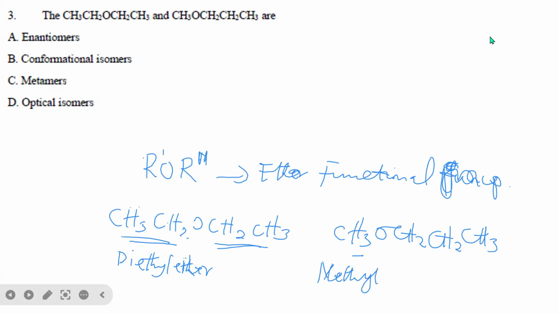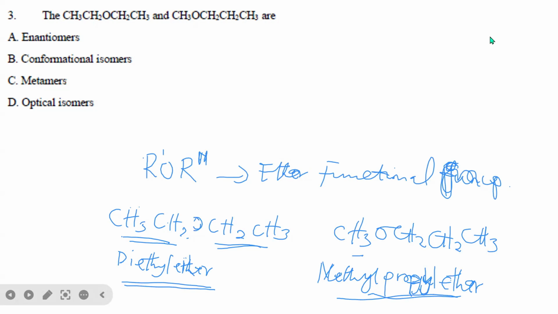And of course, we have propyl here. So we have methyl propyl ether, and the other is diethyl ether.